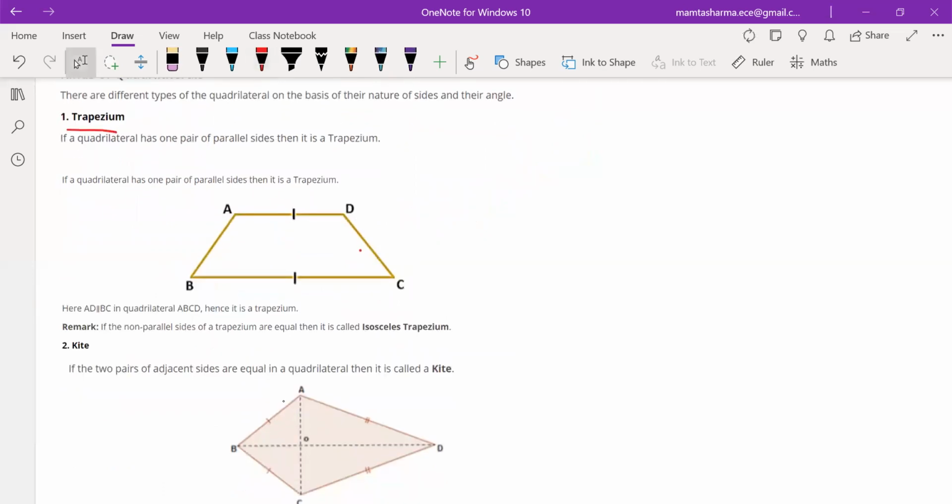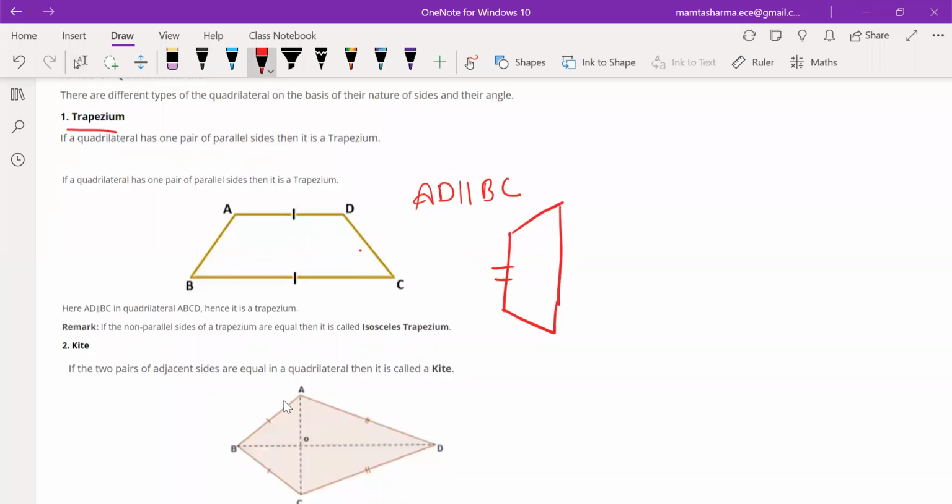In this shape, AD will be parallel to BC. One pair of parallel sides. If I draw another one, is this a trapezium or not?